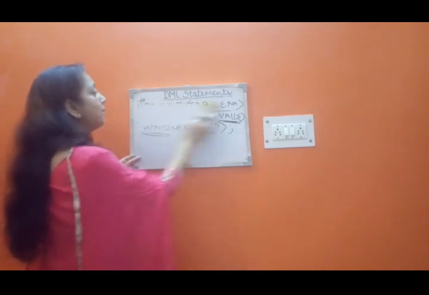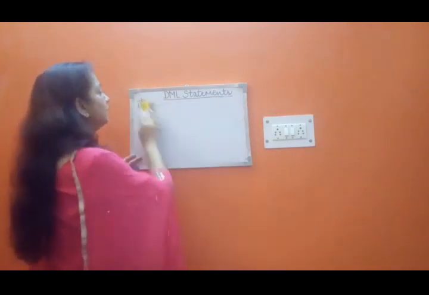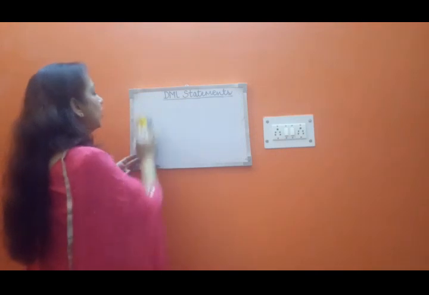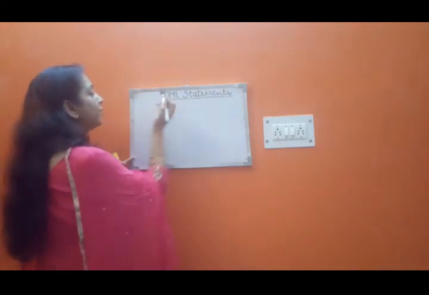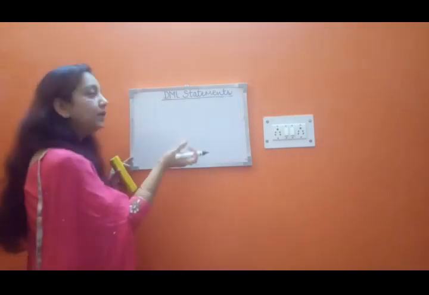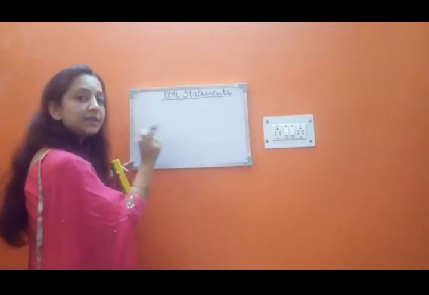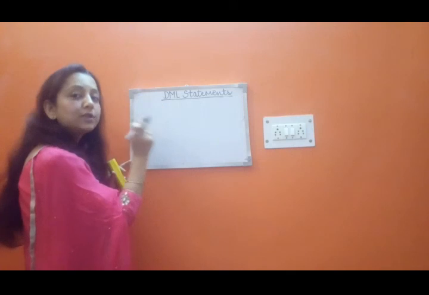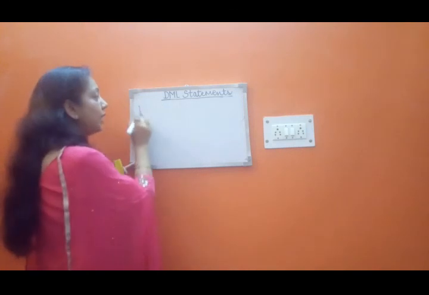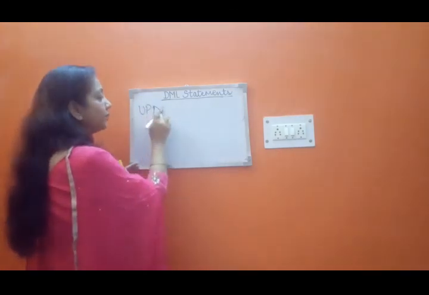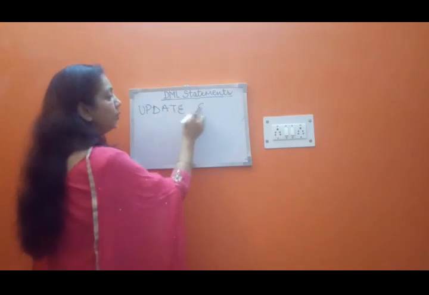The example of this is, say for example, now the salary of a particular employee has been increased. So that particular employee's salary, how will I make the changes in the salary column or salary attribute of that particular employee? I will say update employee table.